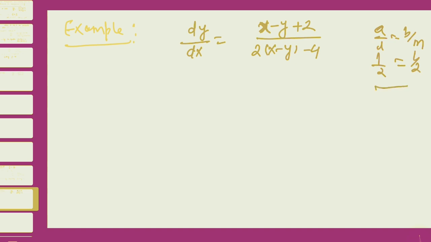So here, first of all, we put x - y = t. Taking the derivative with respect to x, 1 - y' = dt/dx.